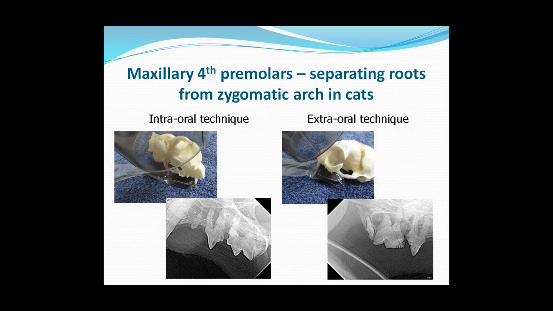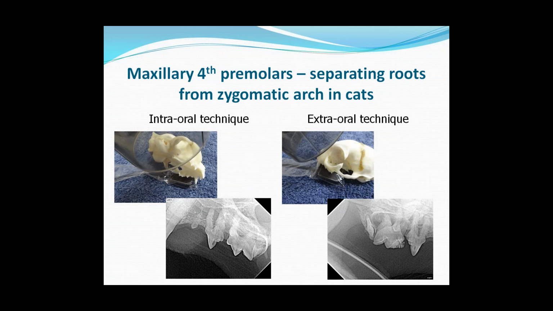By definition, an intraoral technique. This really works for probably 90% of the teeth, and all teeth in dogs and 90% of the teeth in cats. The one that's really difficult to take using an intraoral technique is the upper fourth premolar.